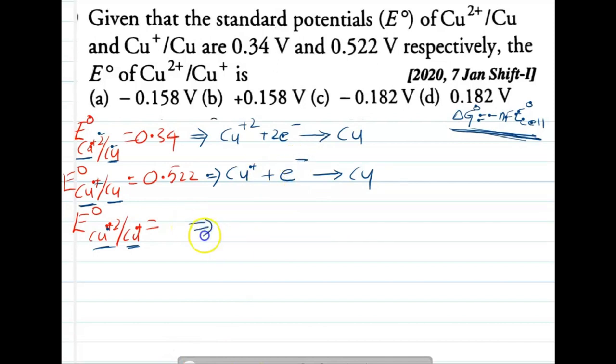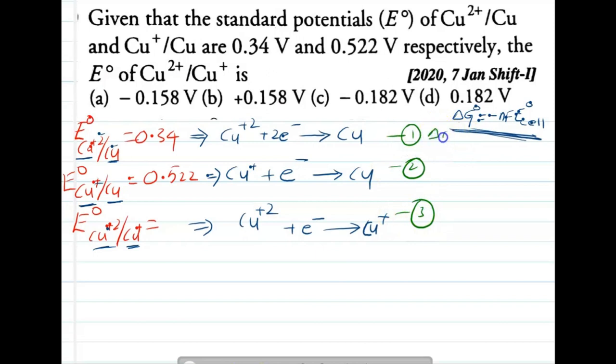In the third case, Cu+2 is converted to Cu+, again taking 1 electron. So this is my equation number 1, equation number 2, equation number 3. Here, delta G naught 1, delta G naught 2, and delta G naught 3 are the Gibbs free energies of the equations.